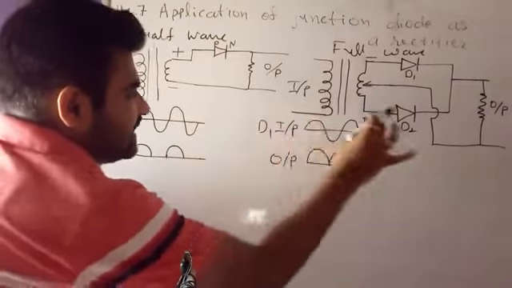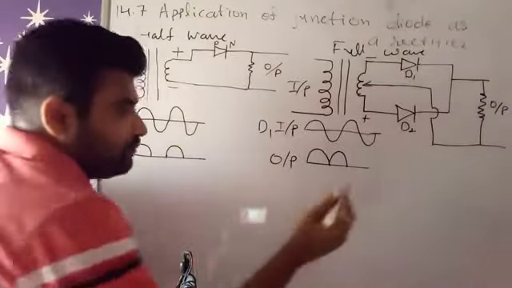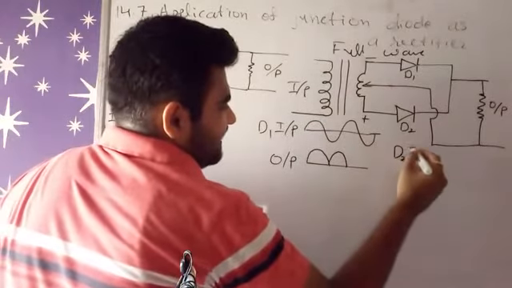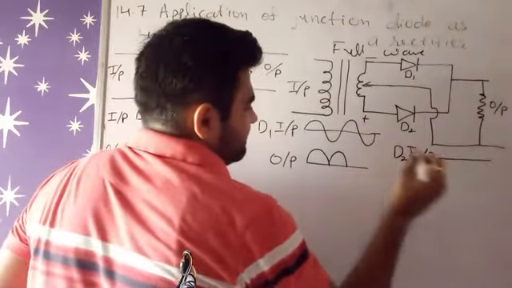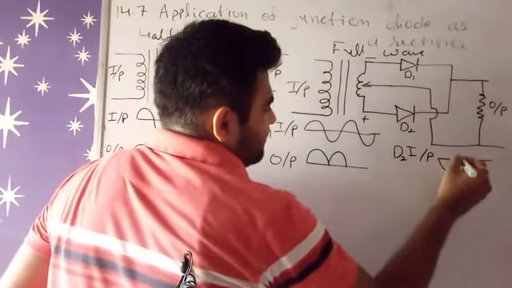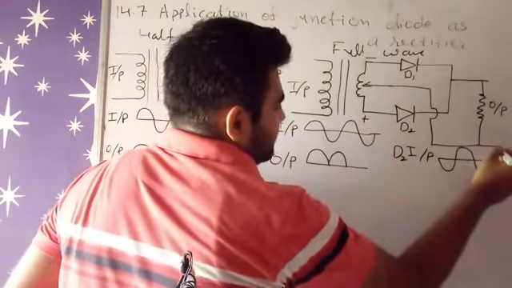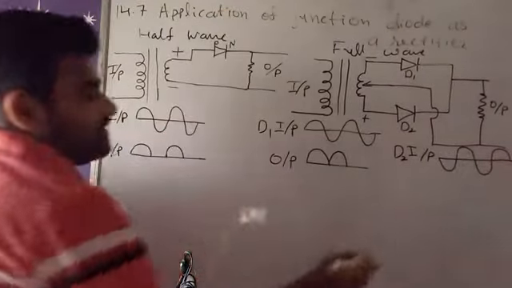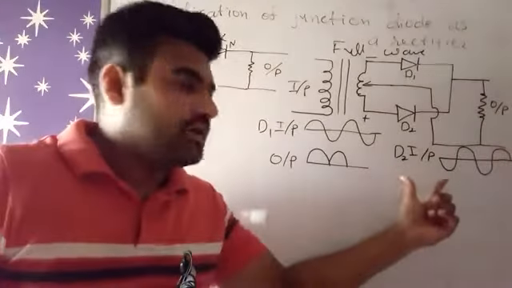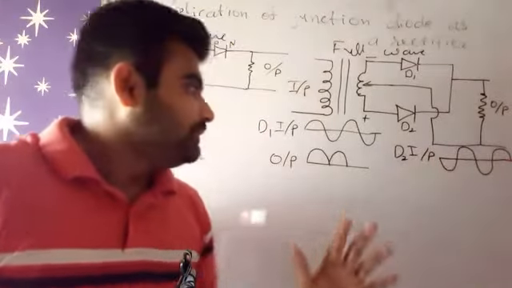This is called the D1 input. So what is the D2 input? The D2 input is exactly opposite: it starts from negative, then positive. This is the waveform of the D2 input.